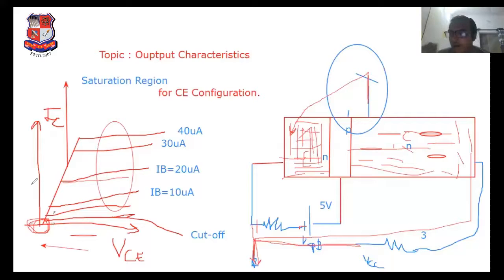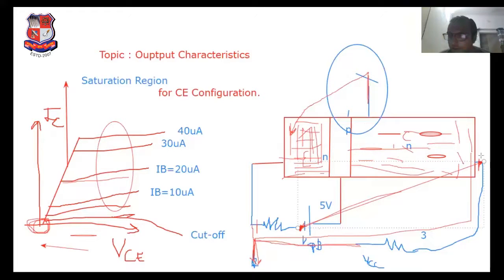the second quadrant. Why? Because if we make VCC equal to 0, then internal barrier potential develops, and the collector base junction always attracts the electron, but the reverse bias voltage of VBB, the negative potential of VBB, is directly applied here.